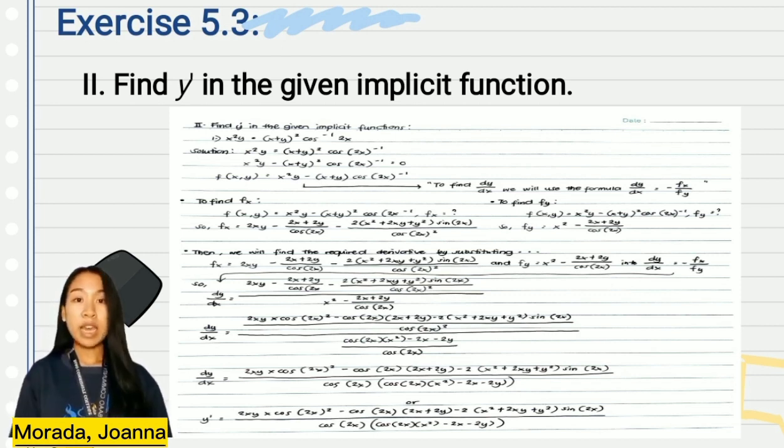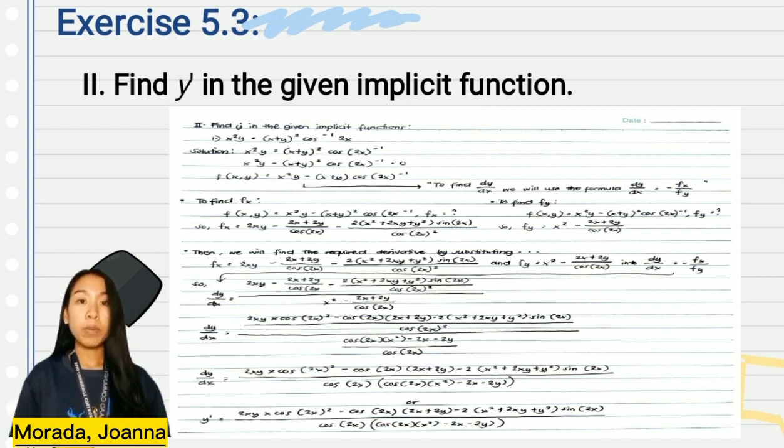So, ito ay magiging x squared times y minus open parenthesis x plus y times cos open parenthesis 2x close parenthesis raised to negative 1 equals to 0. Then, we will set the function related to the equation and we will put the f open parenthesis x and y close parenthesis, which may be called a function of two variables.